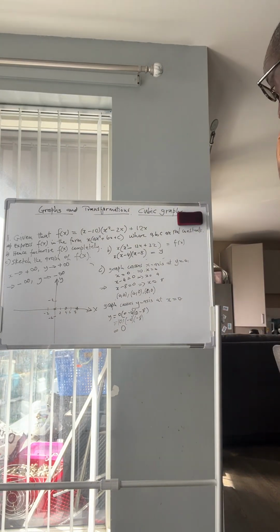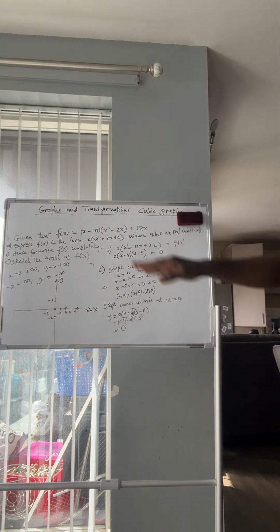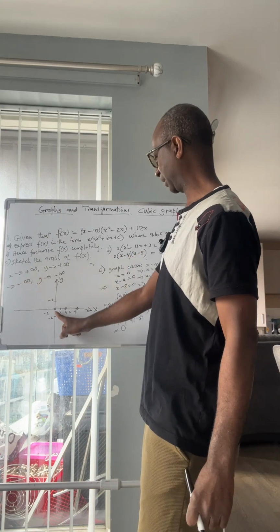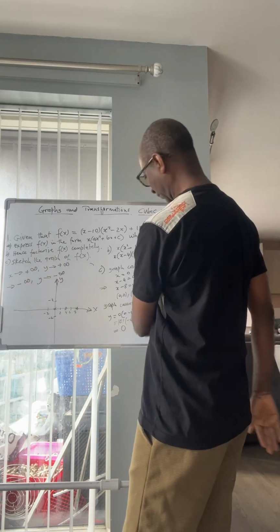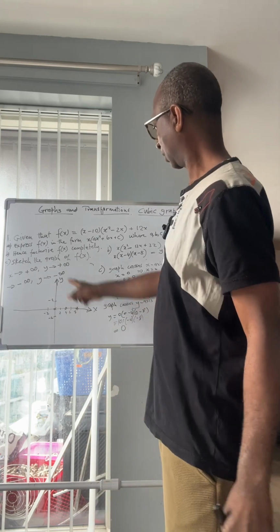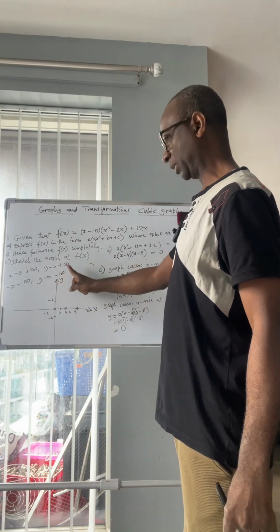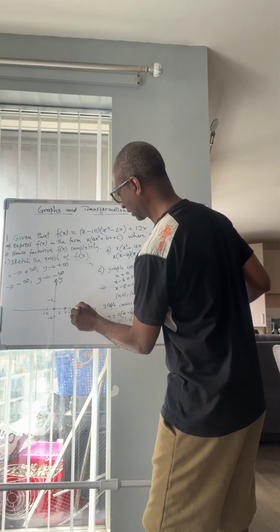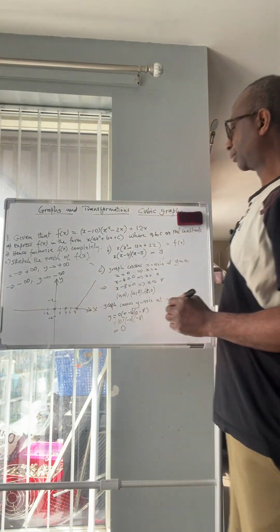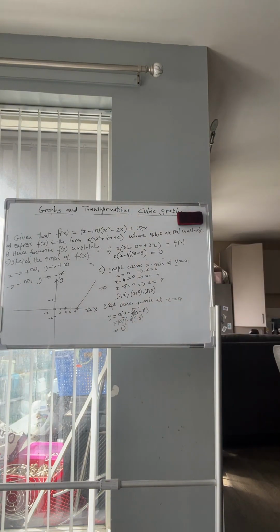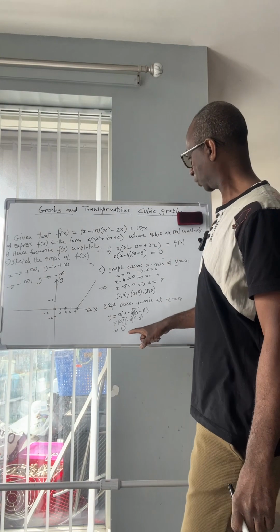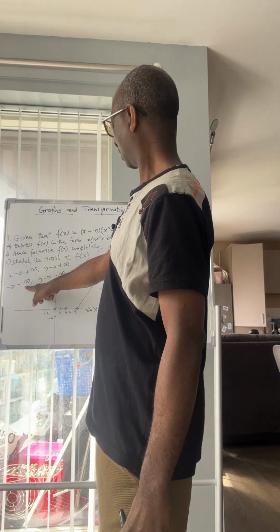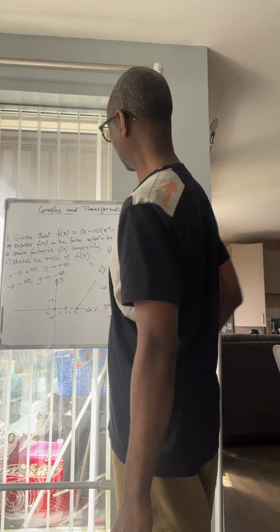So how do we go about plotting the graph? We have to look at that infinity section. We know when x approaches plus infinity, that if x approaches greater values of the positive x-axis, y will also approach greater values of the positive y-axis. So we know this graph will go this way, x positive, y positive. And also, we are told when x approaches negative values, y will also approach negative values.